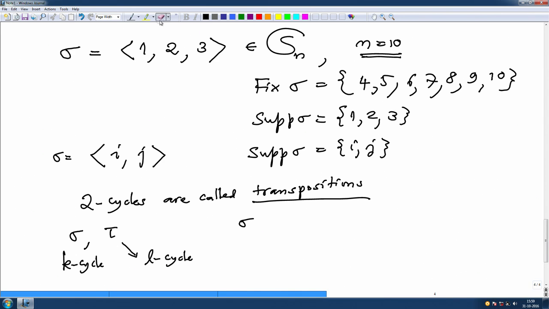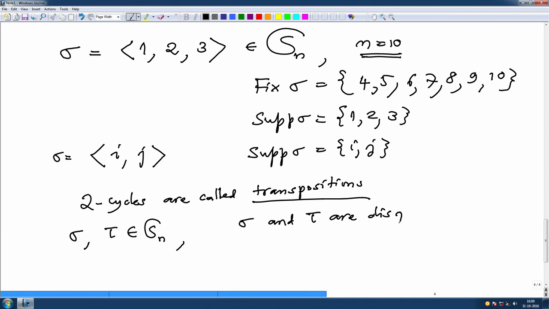So, I write only for cycles. Take arbitrary permutations, then we say that sigma and tau are disjoint if their supports are disjoint. Support of sigma intersection support of tau is empty. Then we call the permutations to be disjoint.